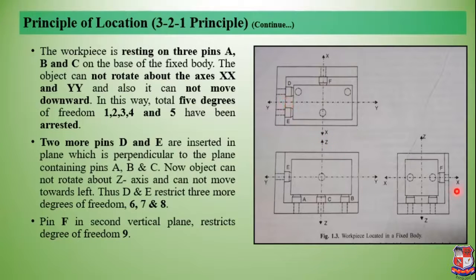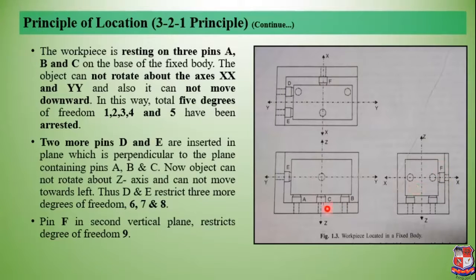Now in the side view you can see pin F. Pin F is in the second vertical plane, this one is the second vertical plane, which restricts degree of freedom number 9, right? So another degree of freedom is restricted by this pin.